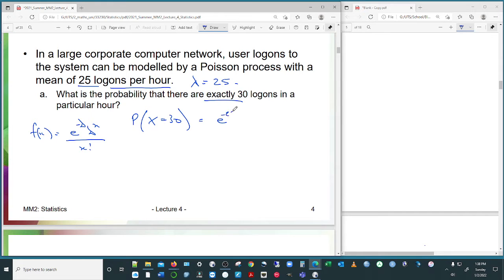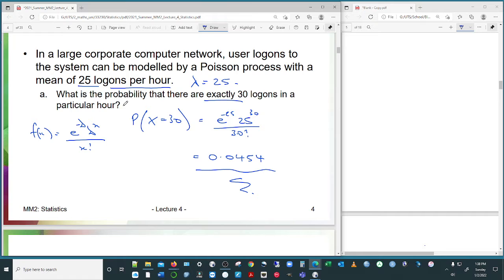So e to the minus 25, 25 to the power 30 over 30 factorial. So we get a probability that there'll be exactly 30 logons in an hour with that lambda of 0.045, or 45 thousandths. So that was pretty straightforward.